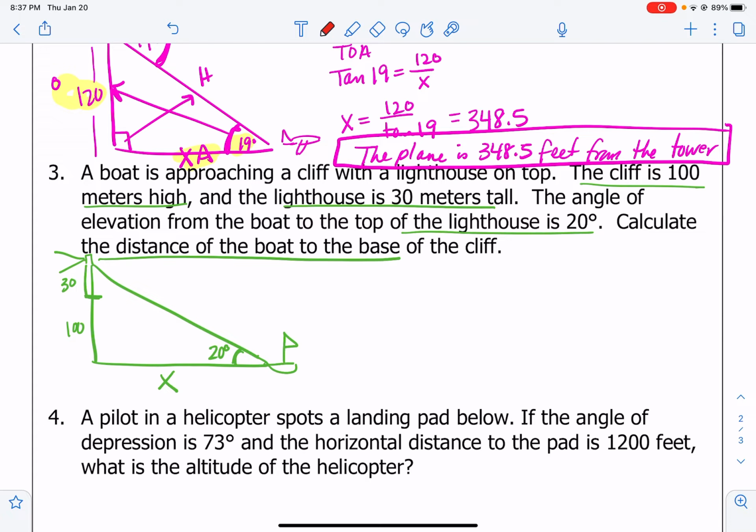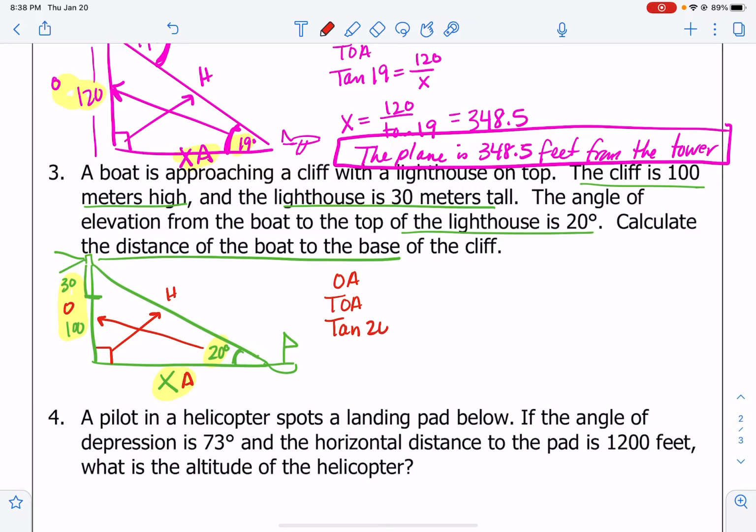So for this angle, this is opposite, this is hypotenuse, and this is adjacent. We're using opposite, and don't forget it's both pieces, and adjacent, and tangent. So I'm using O and A, that's TOA.